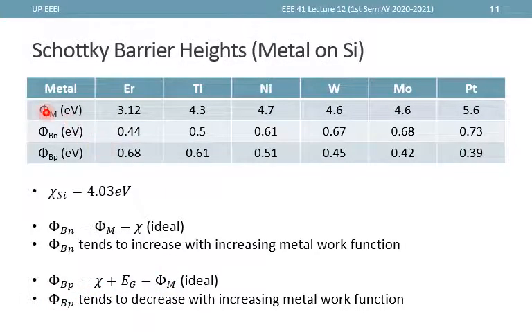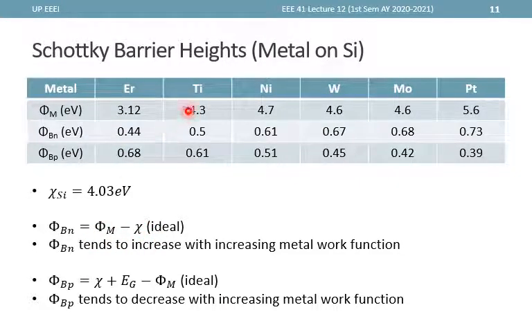So if we have a metal on its own, we can determine these values of the work function of the metal, and therefore if we interface it with our silicon, then we expect that the barrier height for n-type is phi m minus chi. So if we look at this one, 3.12 minus 4.03, that actually should give us some negative value. But what happens is that phi Bn still is 0.44. So this one is the one that is formed and does not actually follow this one.